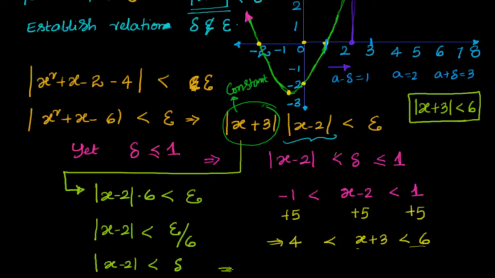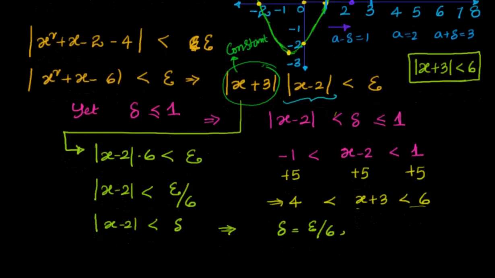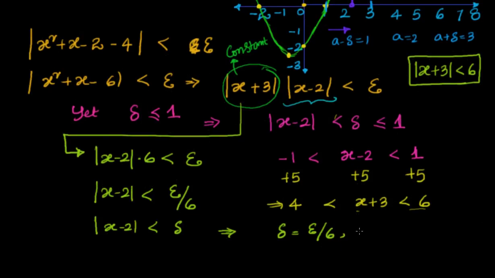Both are equal. So we will establish the relationship delta equal to epsilon by 6. This will not satisfy all the conditions because we have taken one more condition. What is that condition? Delta is less than or equal to 1, based on which only we are able to attain that x plus 3 will not be more than 6.